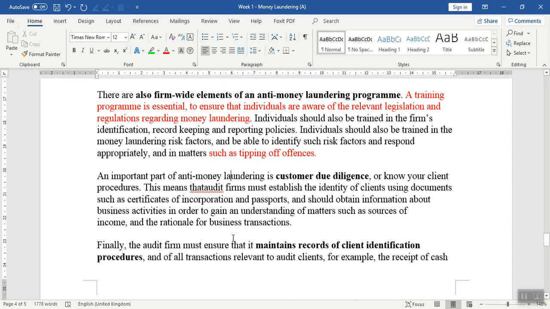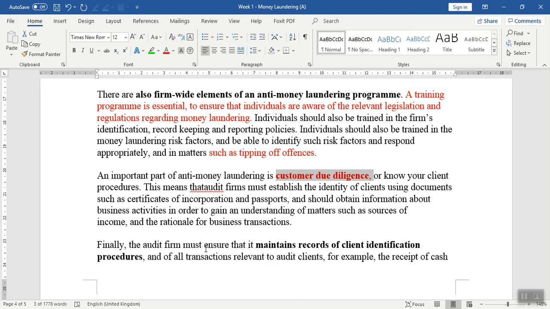And I also told you before they accept the client, they have to do customer due diligence, know your client. If it's an individual, you check their license, you check their passport. If it's an entity or business, you check their certificate of incorporation and so on.